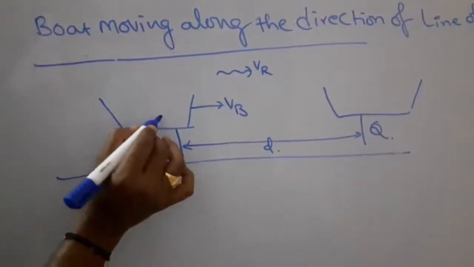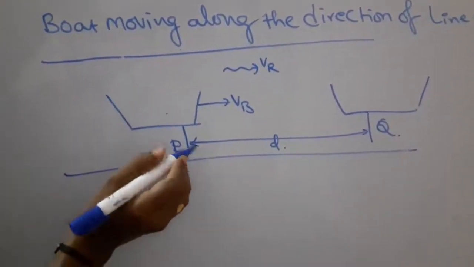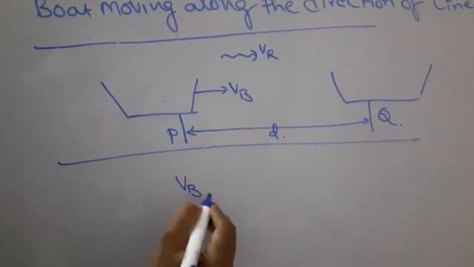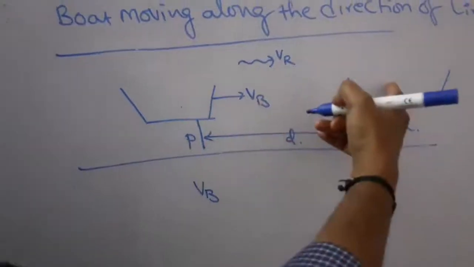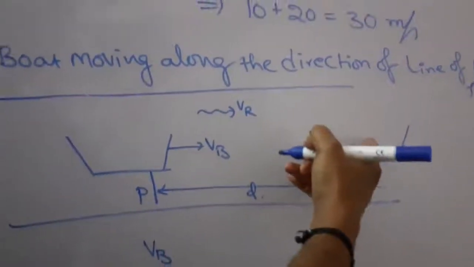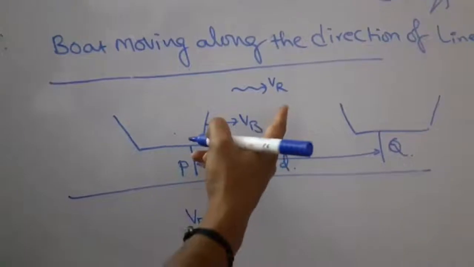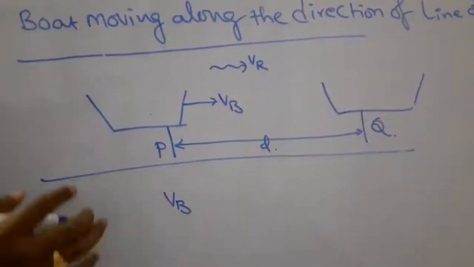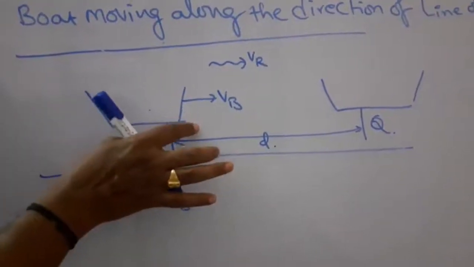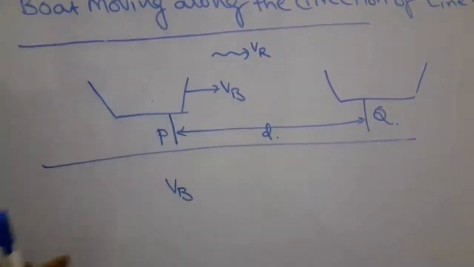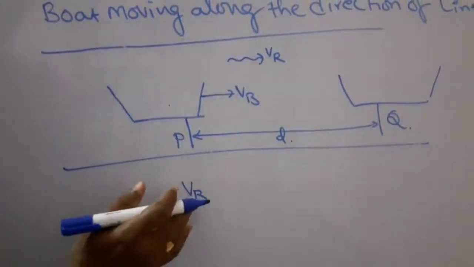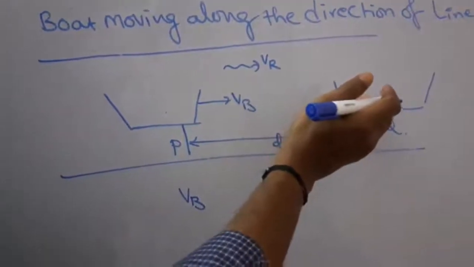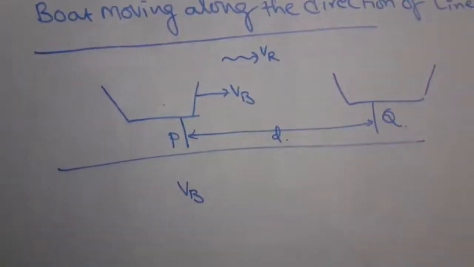Next, the velocity of the boat with respect to water, that is VB, or the velocity of this boat with respect to river, that is VBR.